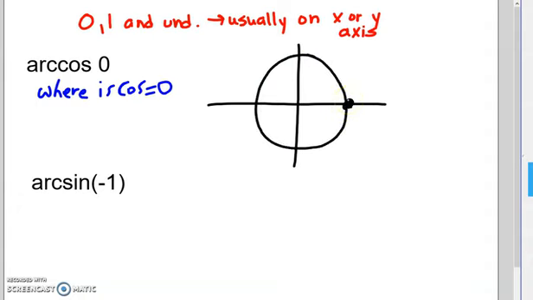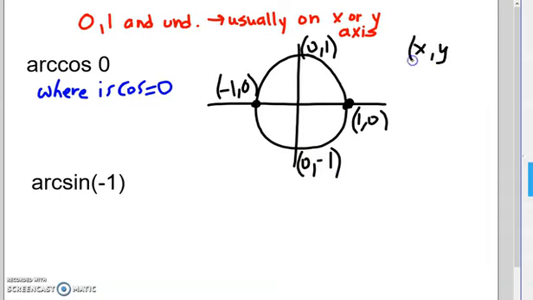If you remember, this is all radius of 1, so this is 1, 0. This is 0, 1. And here we have -1, 0. And then finally 0, -1. Remembering back for x and y values, cosine was the x and sine was the y.